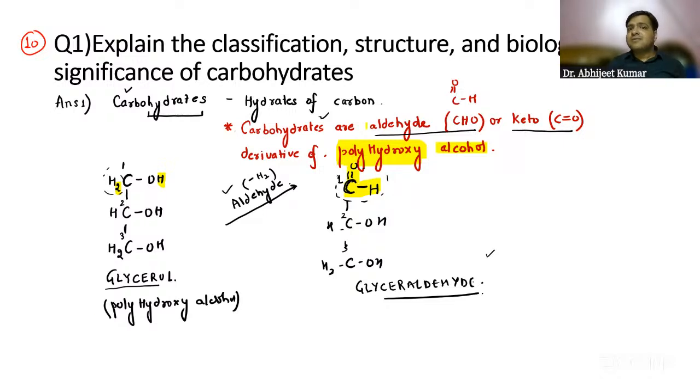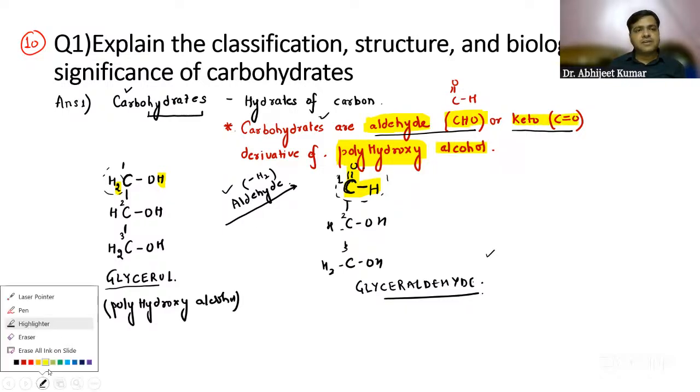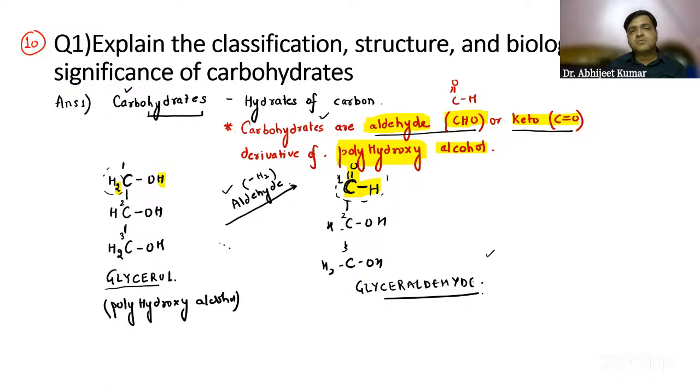Now, one thing I have justified from the definition, that is an aldehyde derivative or keto. Now, to make a keto derivative, guys, let me use another pen over here. For the keto derivative, I will be removing 2 hydrogens from the second carbon. The first carbon will remain the same.